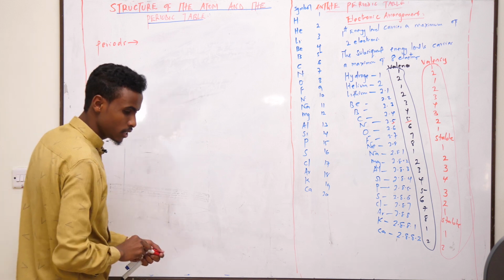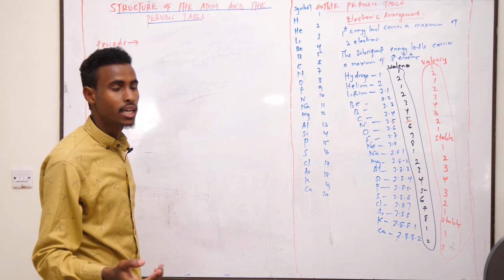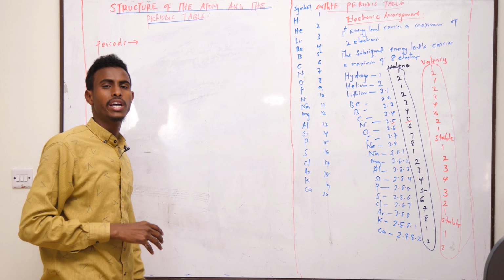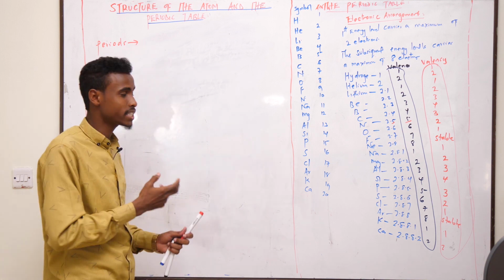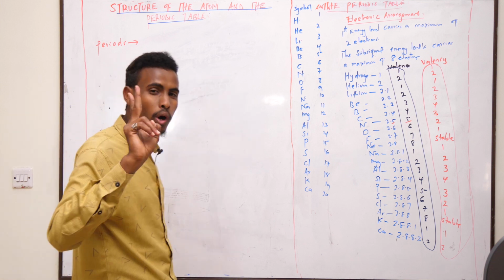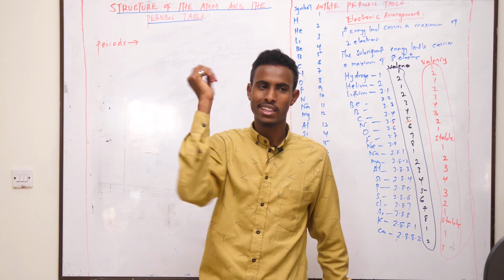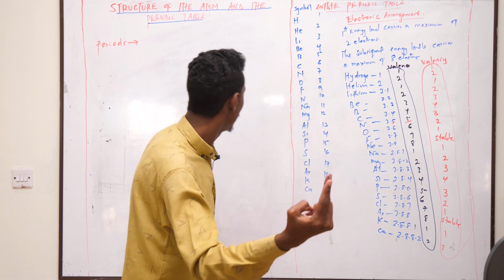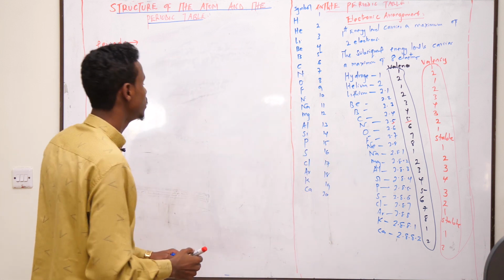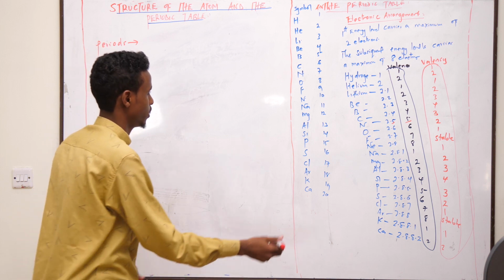Periods basically means the number of energy levels an atom occupies. For instance, the first 2 elements in the periodic table, hydrogen and helium, occupy 1 energy level, and therefore they are in period 1.